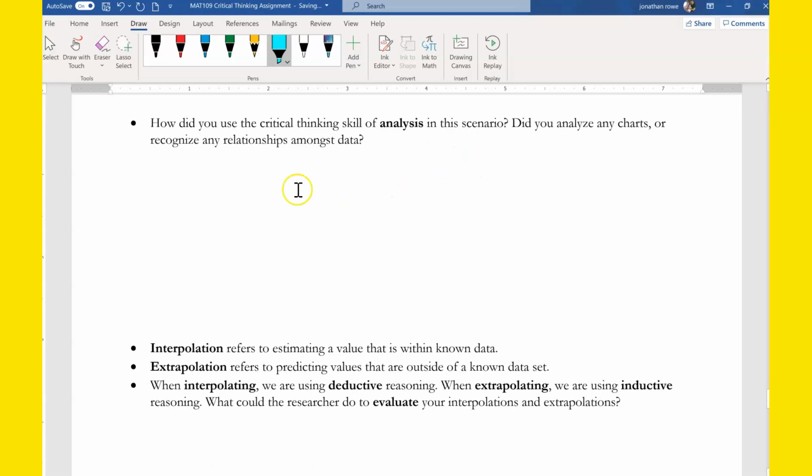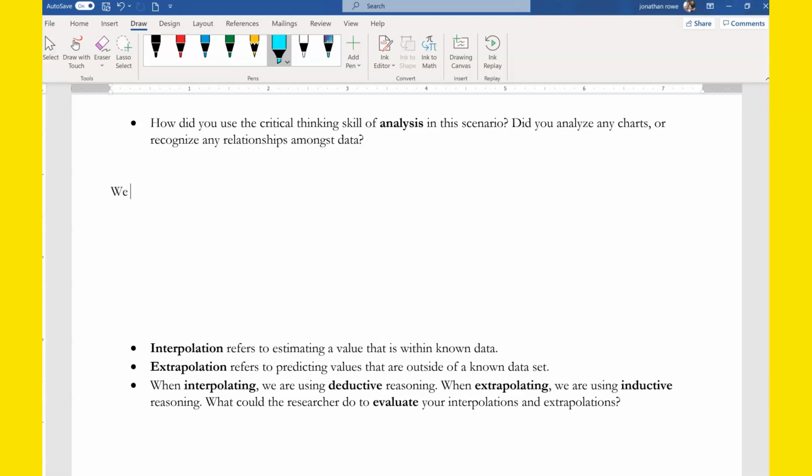All right. How did you use the critical thinking skill of analysis in this scenario? Did you analyze any charts or recognize any relationships amongst data? So analysis, remember, is interpreting what you're looking at and using it for calculations or something.